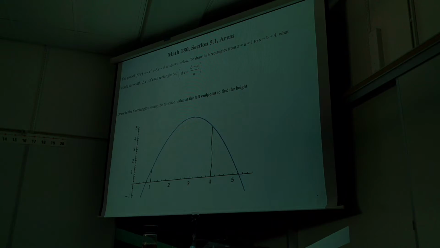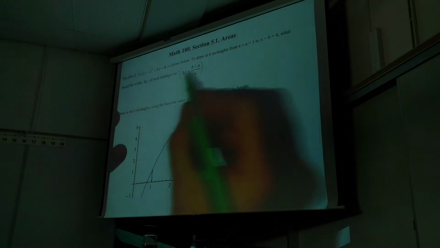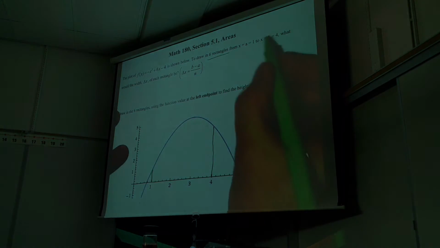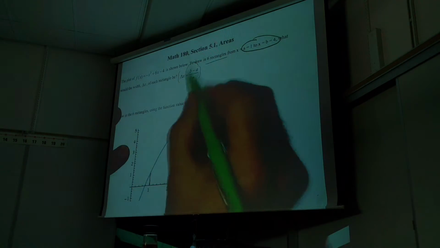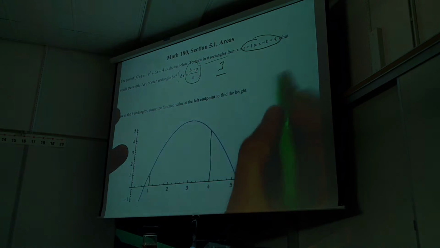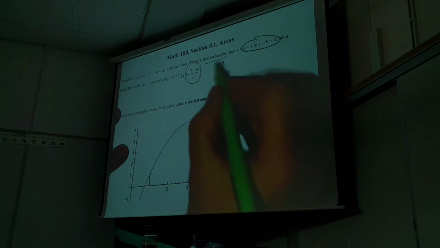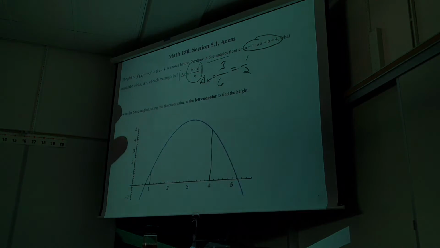How wide would each rectangle have to be? Well, how far do I need to go total? 3. So that's why this is the formula there. I've got to go 3 over, and I've got to fit how many rectangles into that distance of 3? 6 rectangles, so my width of each rectangle is going to be 1/2.